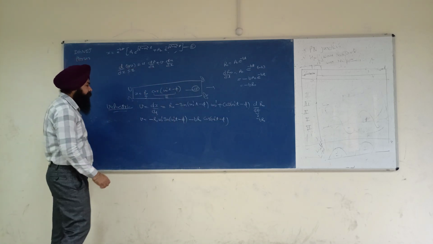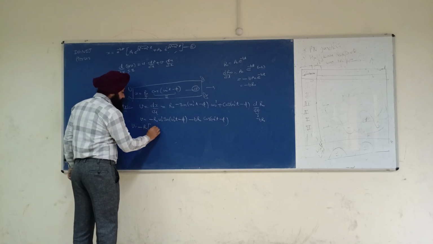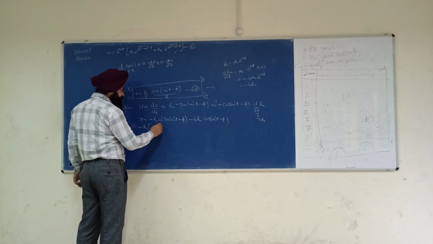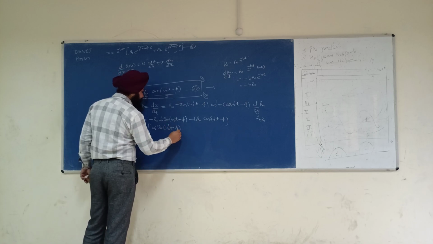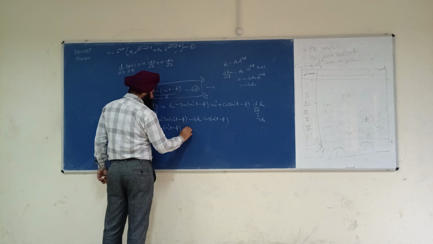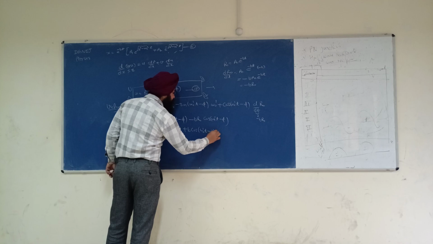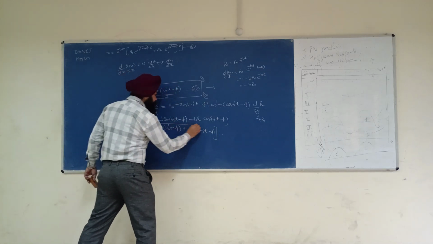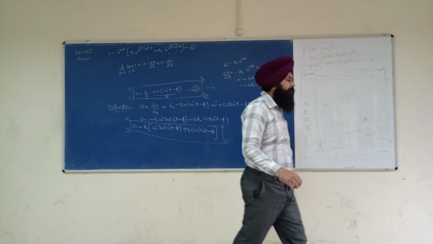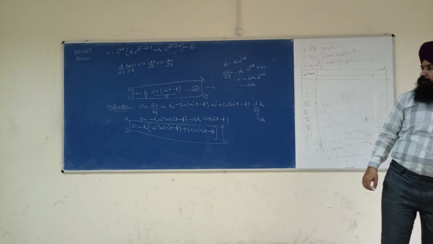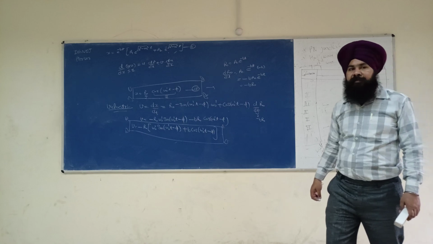Minus r naught is constant, omega naught prime into sin of omega naught prime t minus phi, plus v into cos of omega naught prime t minus phi. So v is equal to minus r naught times omega naught prime sin of omega naught prime t minus phi plus b cos of omega naught prime t minus phi.